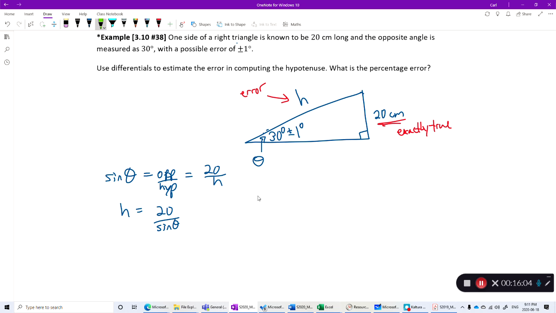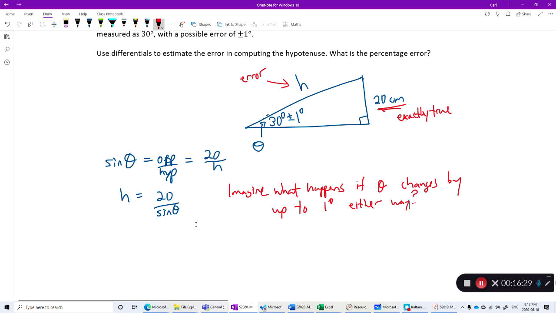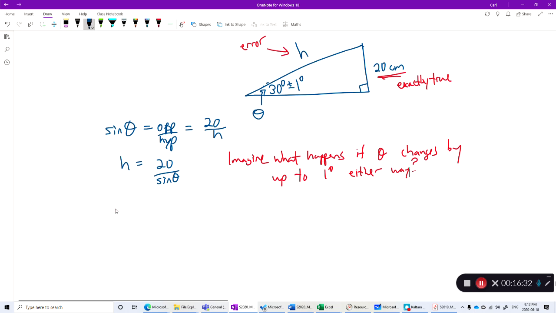So what we're imagining is what happens if theta changes by up to 1 degree in either way, like adding or subtracting. Then here's what we would say: the change in h induced by that is approximately dh. That's linear approximation.